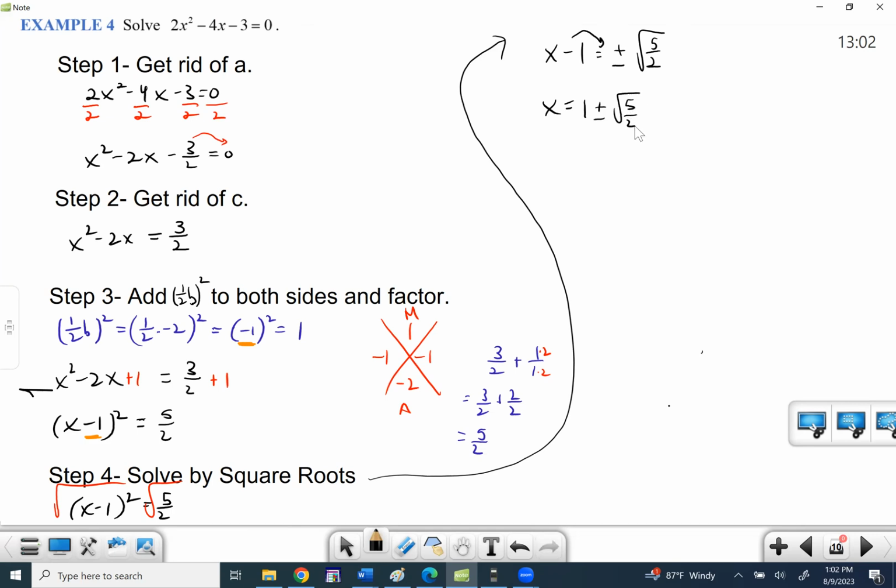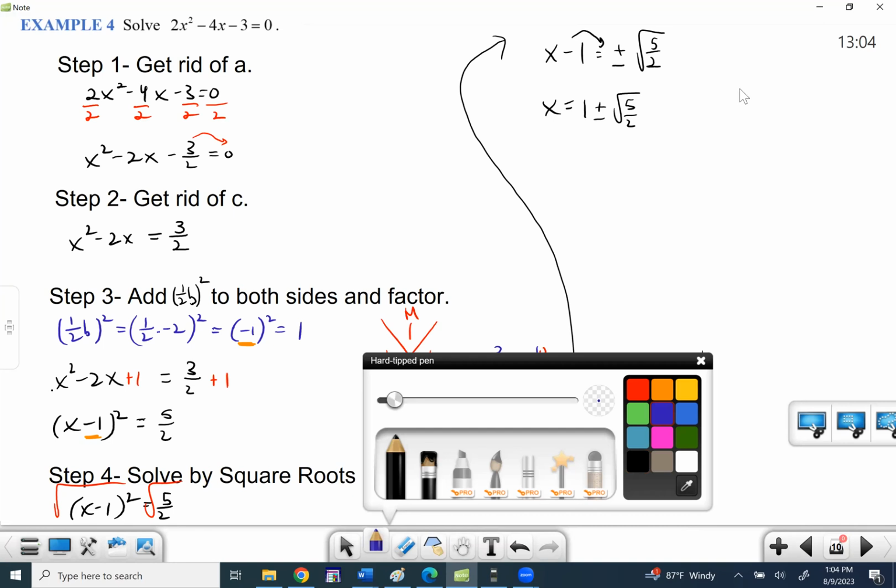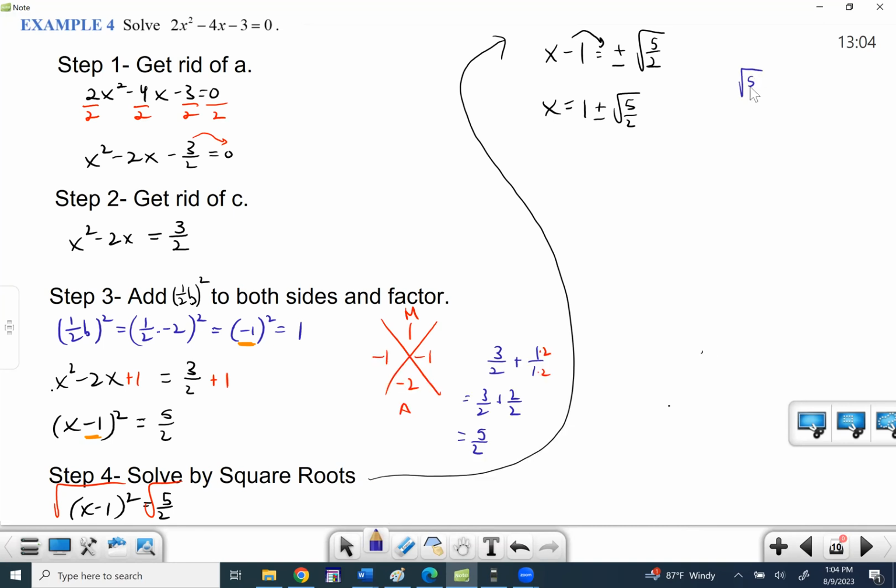All right, so off to the side, let's just kind of take a look at breaking down this root. So the problem with this, the square root of 5/2, is they're both being square rooted, which means we have a root in the denominator.